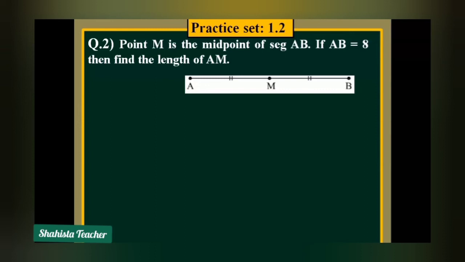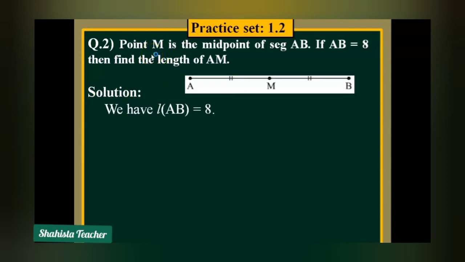So first we will write here solution. And now we know that length of AB is equal to 8. So here we will put length of AB is equal to 8. After this, as you see here, M is the midpoint.